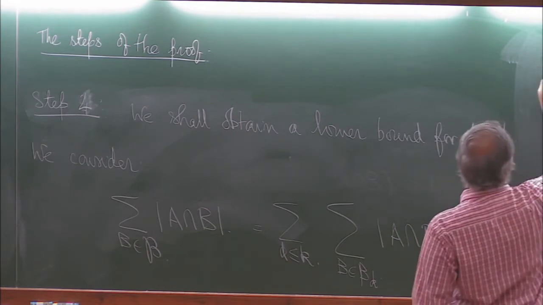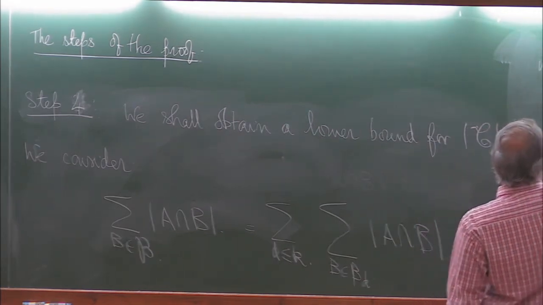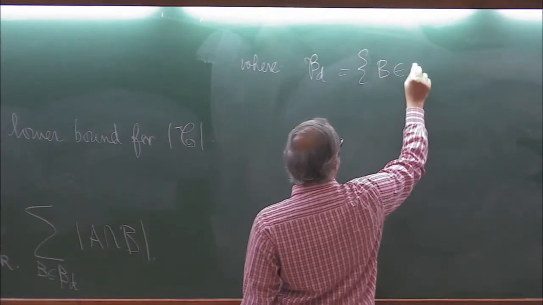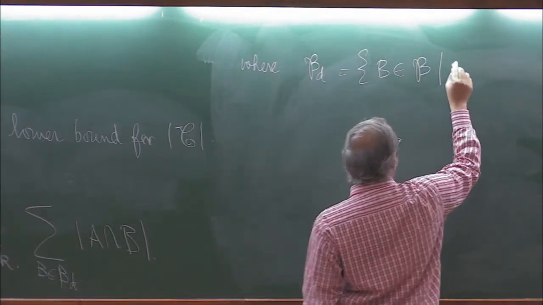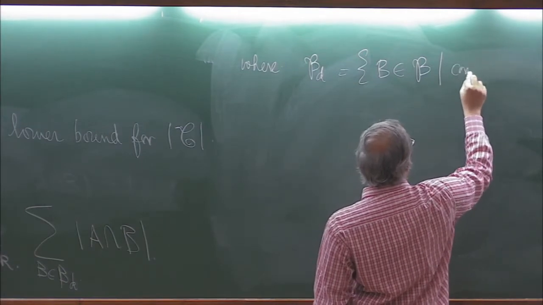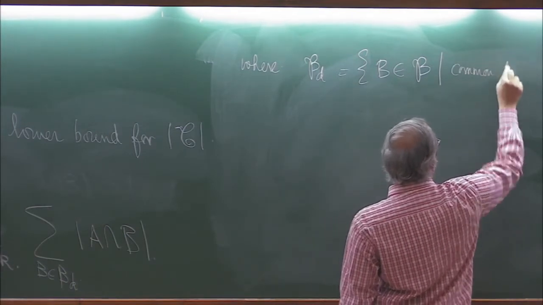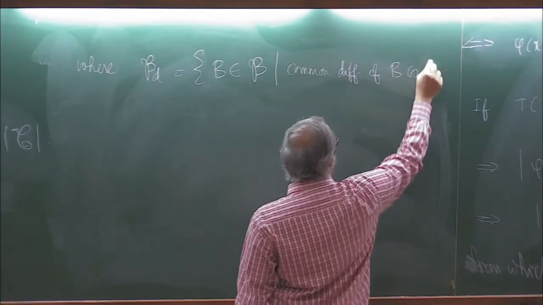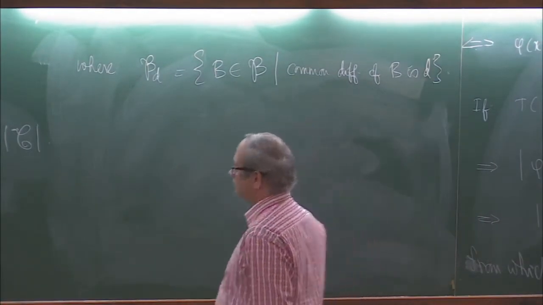Where beta d is the set of B in beta with common difference d. Okay.